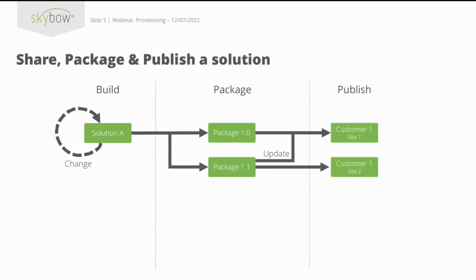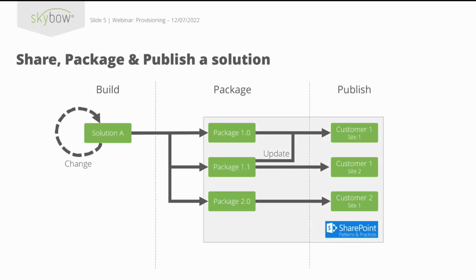Then you make further changes, maybe you make a package 2.0 and deploy that somewhere else. Let's assume customer 2 is just another tenant or another environment. You can deploy there as well.